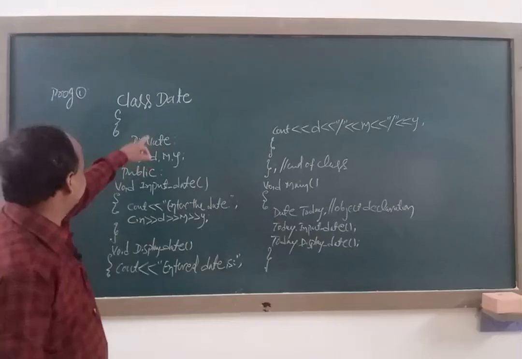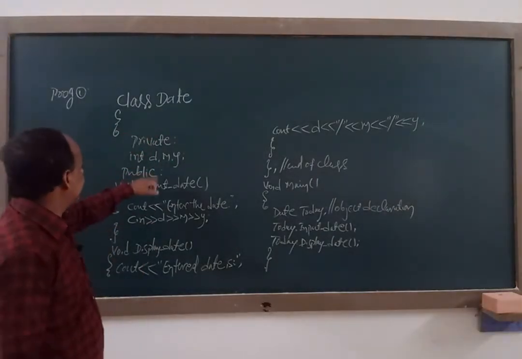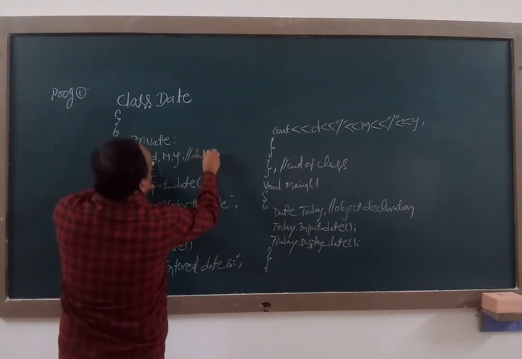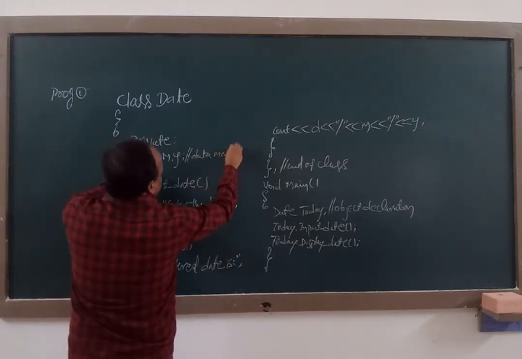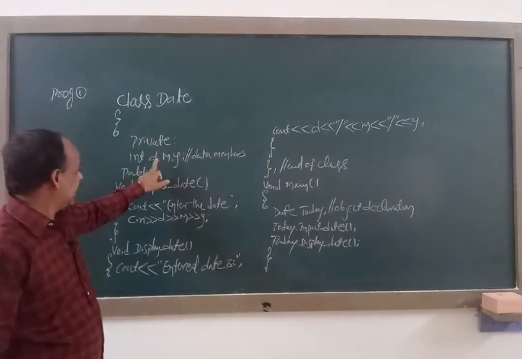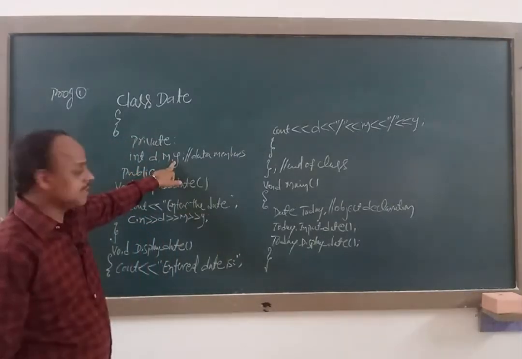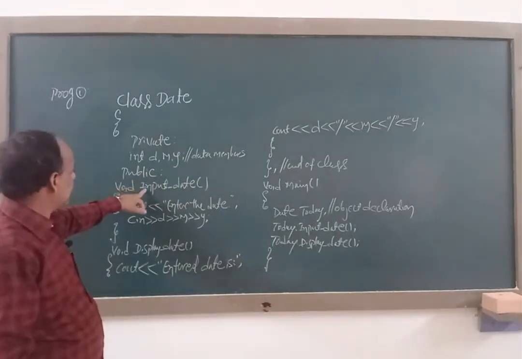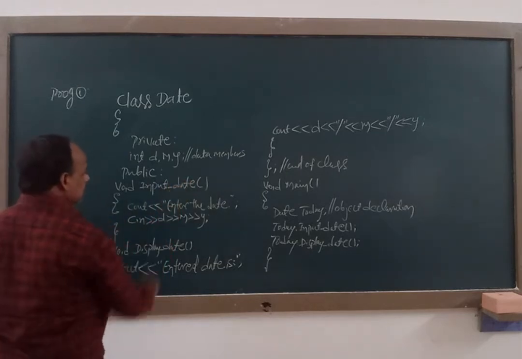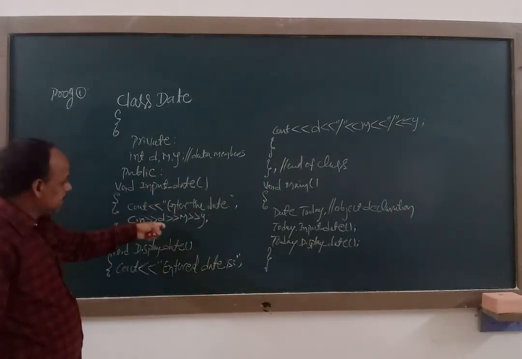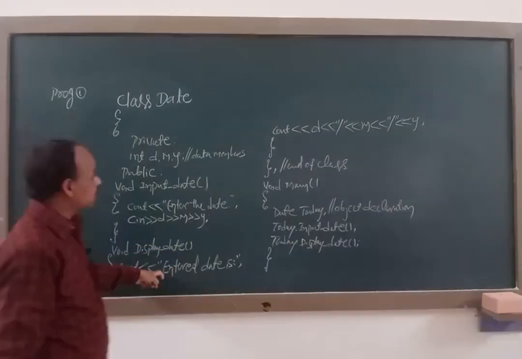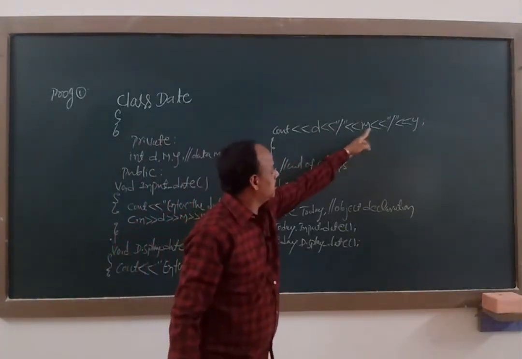See here, what I have written in the class: I considered the data members. What are these? Data members. D, M, Y mean day, month, year; you can take any variables. And in the public section, I have taken two functions: the input date function to accept day, month, year, and the display date function to display the day, month, year.